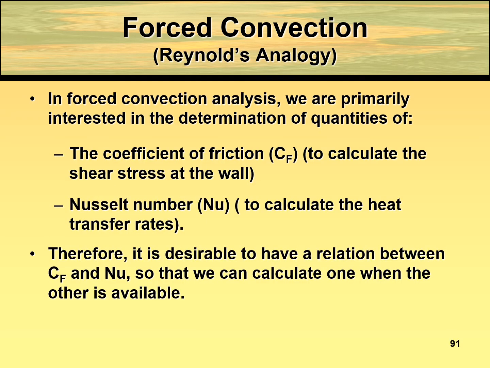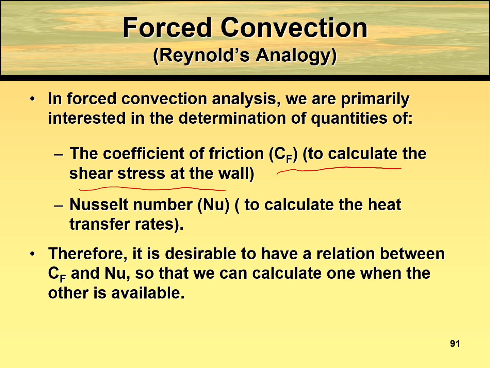So in forced convection analysis, we are primarily interested in determination of the coefficient of friction in order to calculate the shear force. Okay, so in the previous slide, we have seen the correlations between the shear force and the Nusselt number. Okay, so Nusselt number is used to calculate the rate of heat transfer.